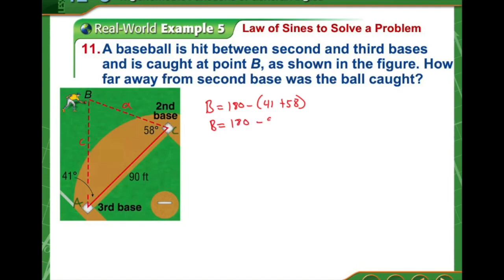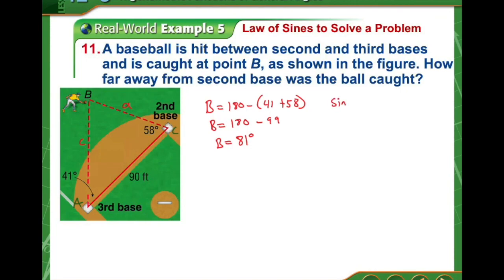Or 180 minus 99, which is 101. Sorry, 81. 81 is angle B. Now we need to use that with our side B, angle A, to find side A.